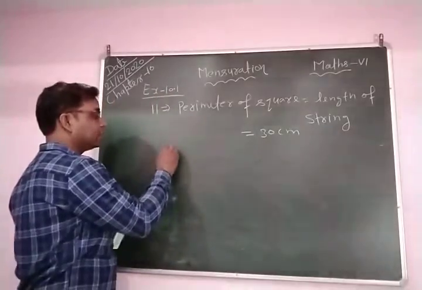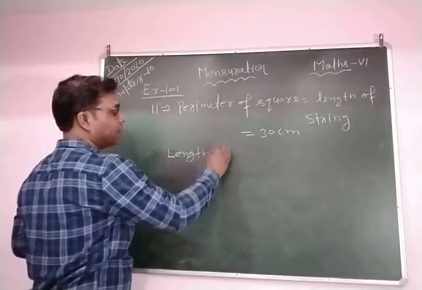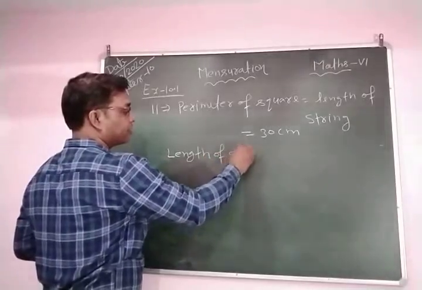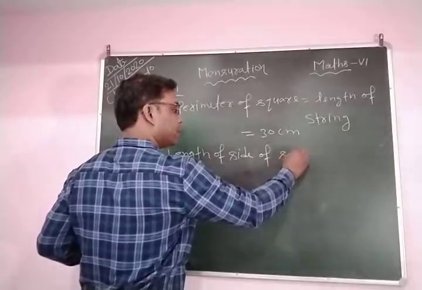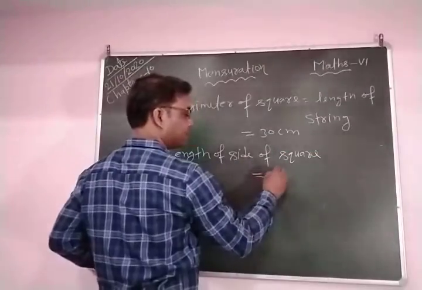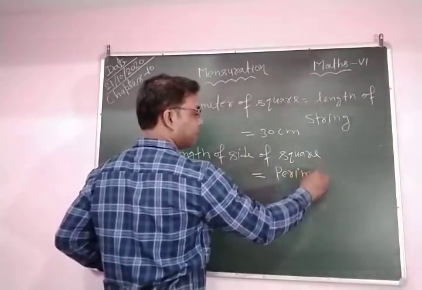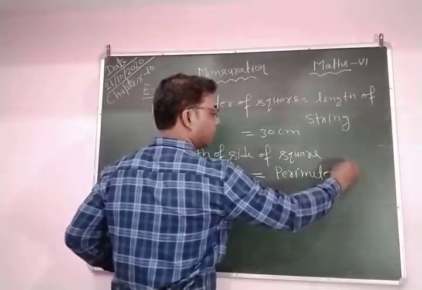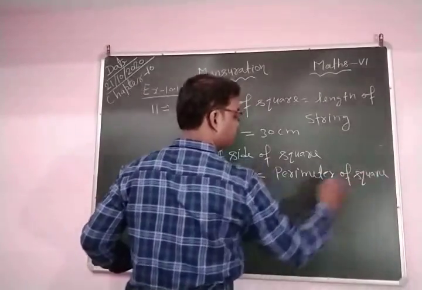So length of side of square is equal to perimeter of square by 4.